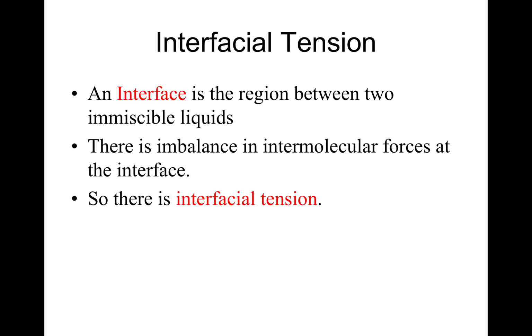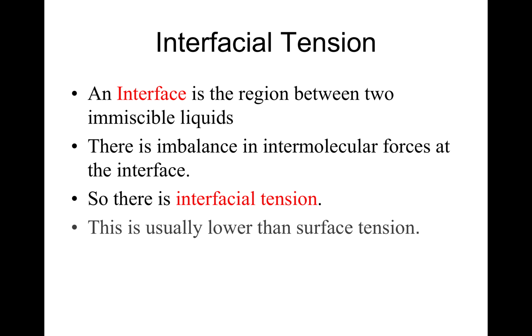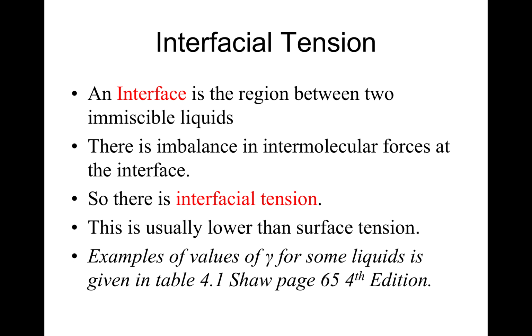So we can talk of there being an interfacial tension as opposed to the surface tension we talked of earlier. This is usually lower than surface tension. Examples of values of surface tension gamma for some liquids are given in table 4.1, Shaw, page 65, in the 4th edition.